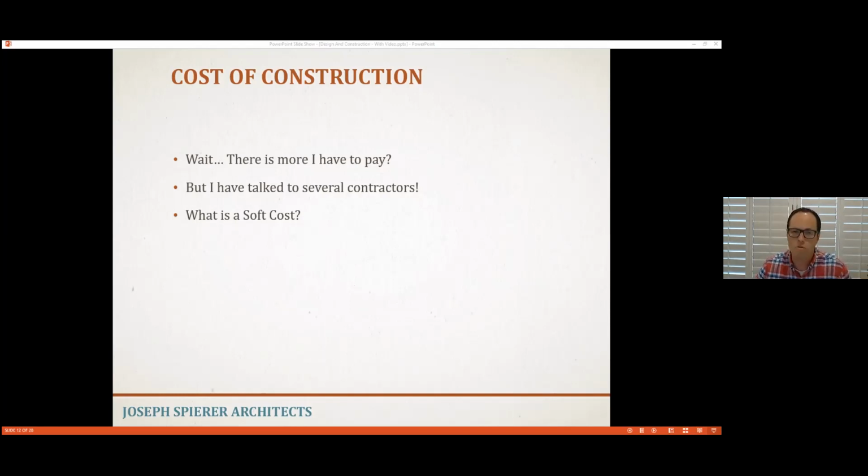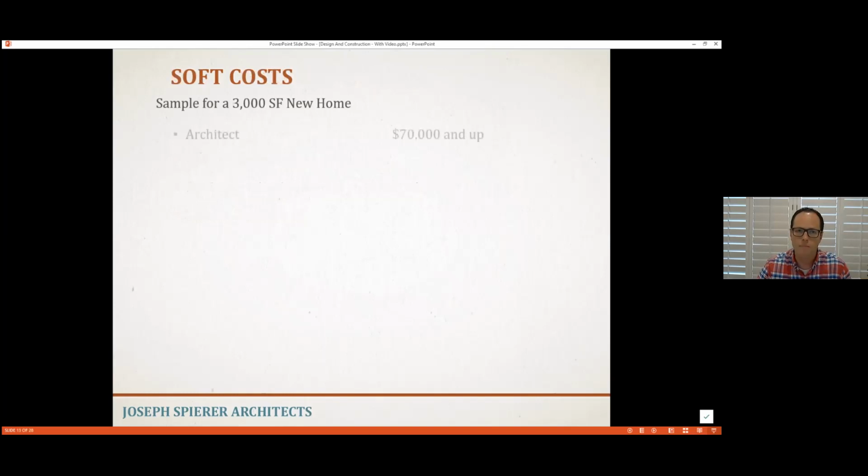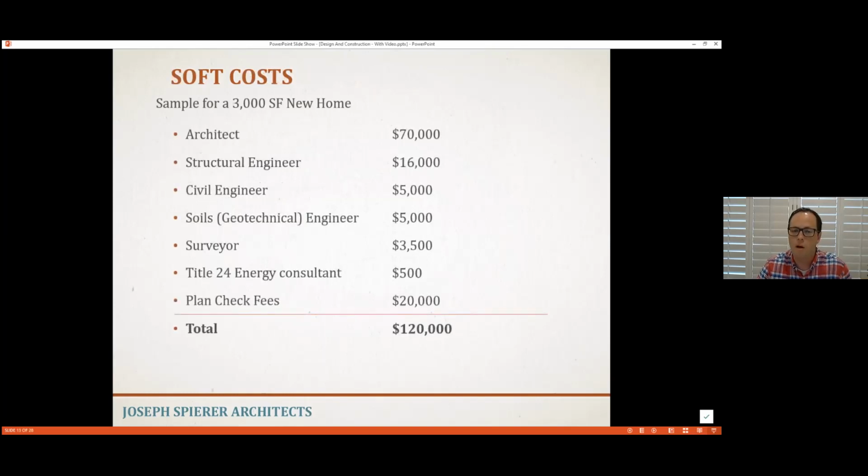If you're talking to contractors and they've given you quotes, it's not the full picture of what it's going to cost you to do something, because you have soft costs, and soft costs include the architect and all the different engineers and potentially designers and things like that. So this is just a general example of what you could expect for that same 3,000 square foot home we were looking at earlier.